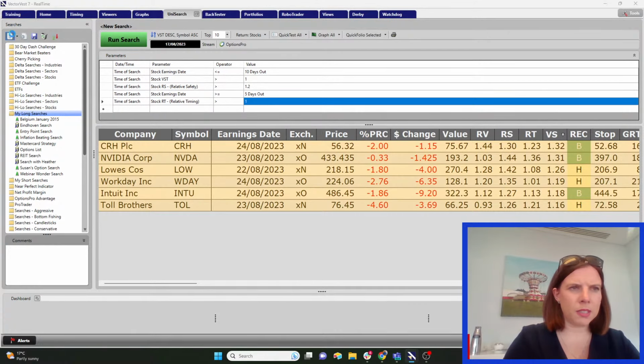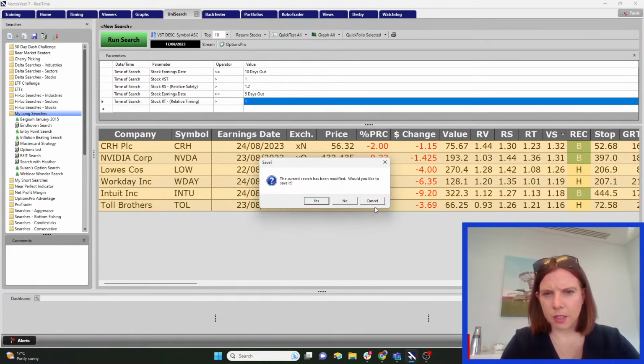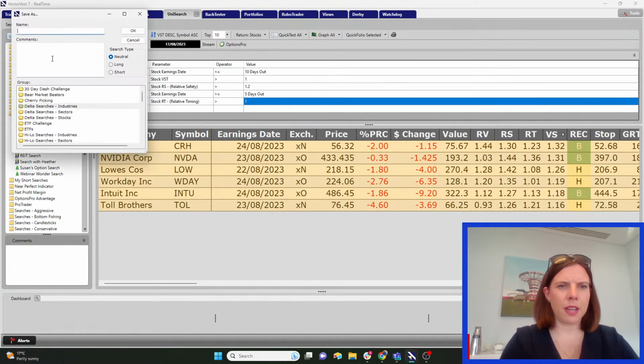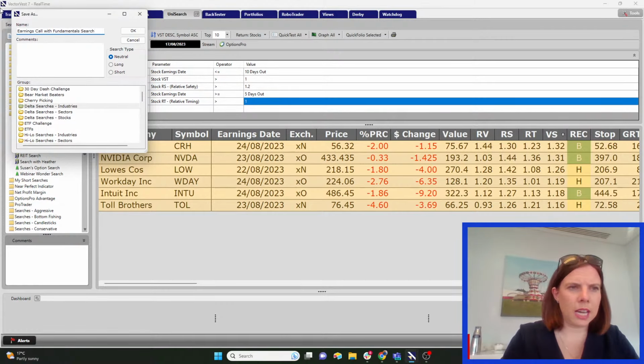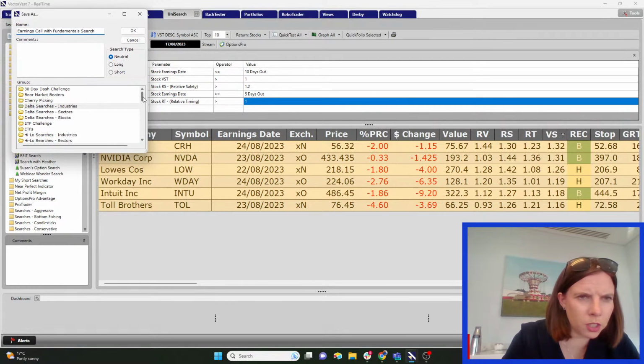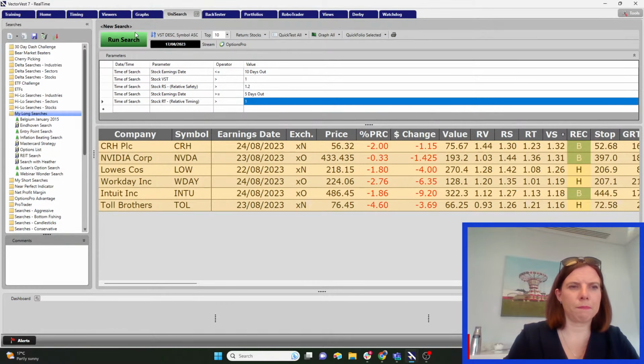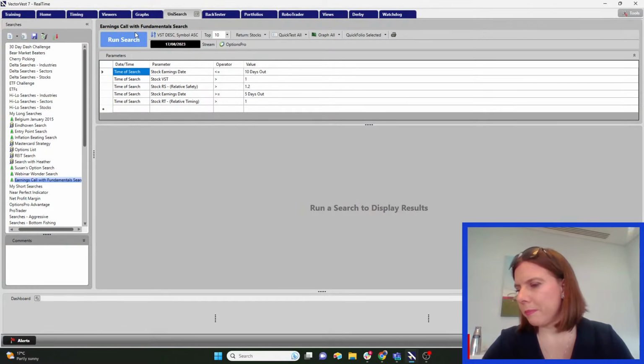Then what I'll do is I'll press save. I'm going to press the save button, and I'm going to save as, earnings, all with fundamentals search. Okay, and in here I'm just going to my long searches. There we go, and okay, and it's a long search. There you go. That's how you do it.